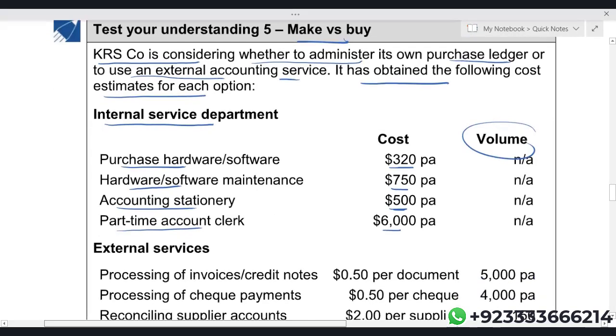So simply, the total of this will give you the relevant cost of the internal service department. So 320 plus 750 plus 500 plus 6,000. I'm getting 7,570. So simply, internal processing relevant cost is 7,570. Okay.